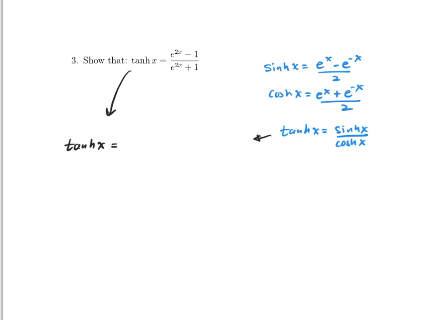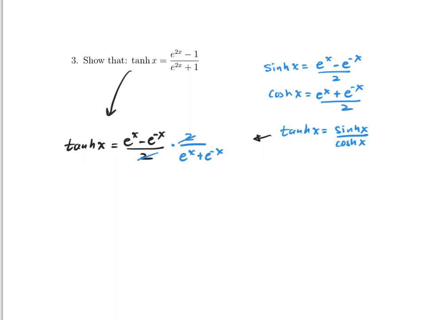But sinh is equal to e to the x minus e to the minus x divided by 2. Remember that when you divide two fractions, you multiply by the reciprocal, so this becomes 2 over e to the x plus e to the minus x.